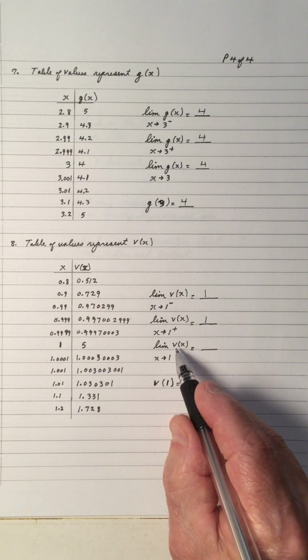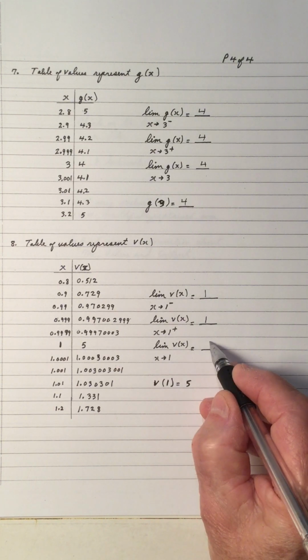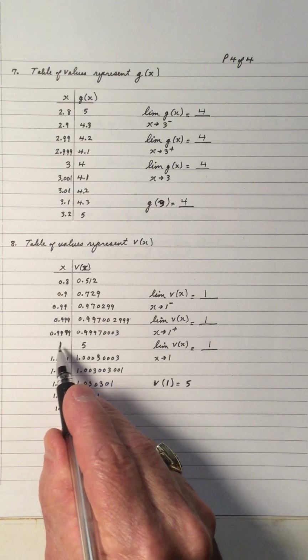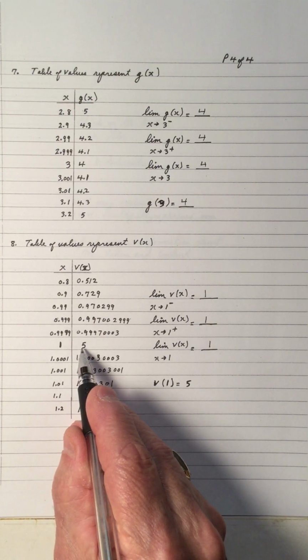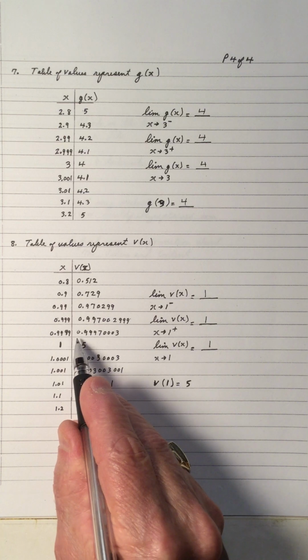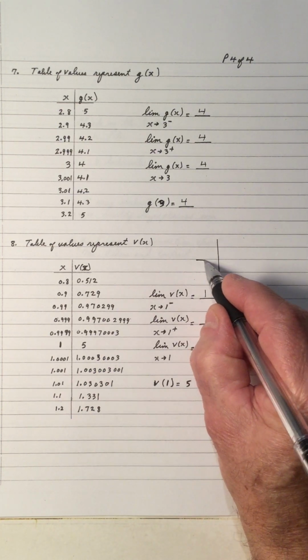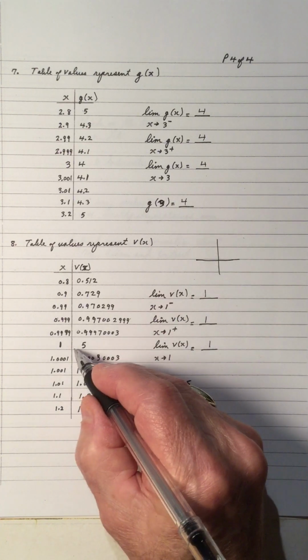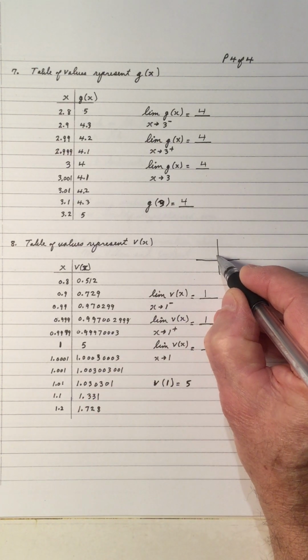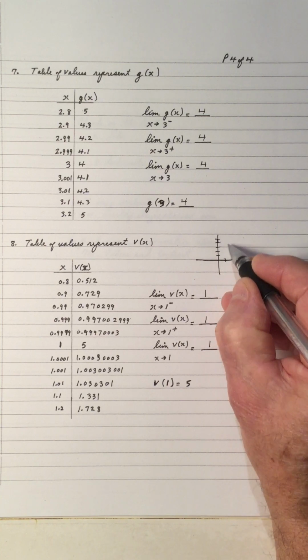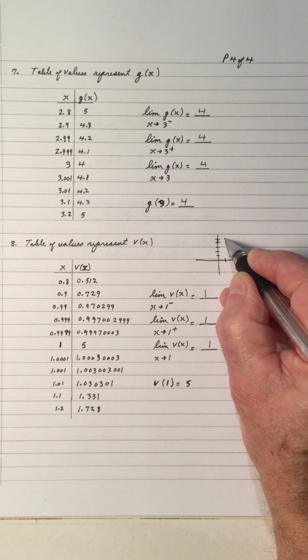And so what's the limit of the v of x as you approach 1? The answer is 1. Even though it's defined when x is 1, where it is a 5, notice this is approaching 1. So on a graph, 1 gives you a 5 right there.